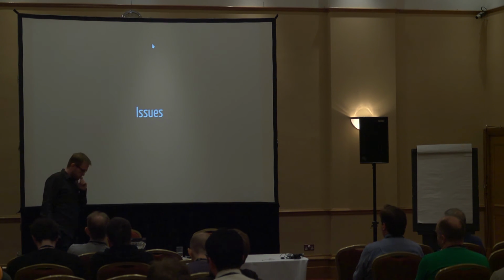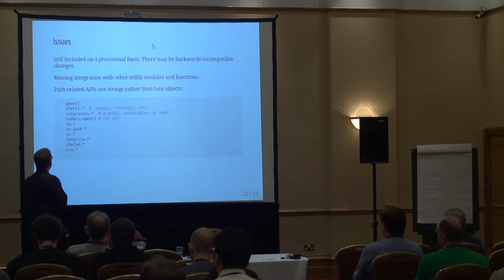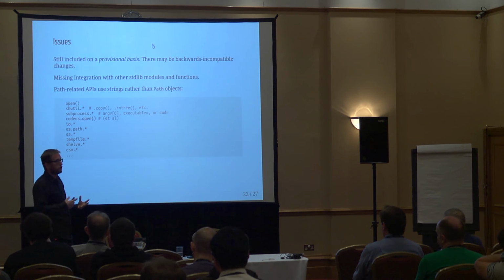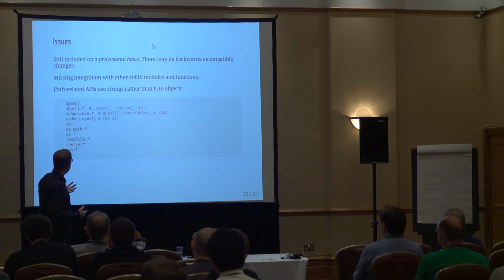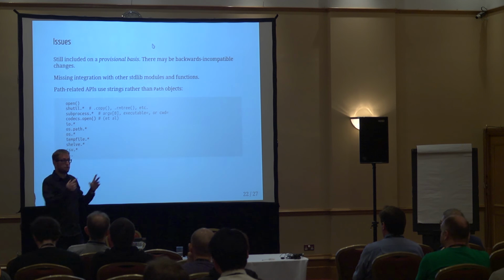So some of the issues with pathlib. It's, as I said, still included on a provisional basis, so there might be changes coming, although I can't see any big changes happening right now. It does, however, miss a certain amount of integration with the other standard library modules. So when you use these other modules, like open, you can't pass it a path directly.